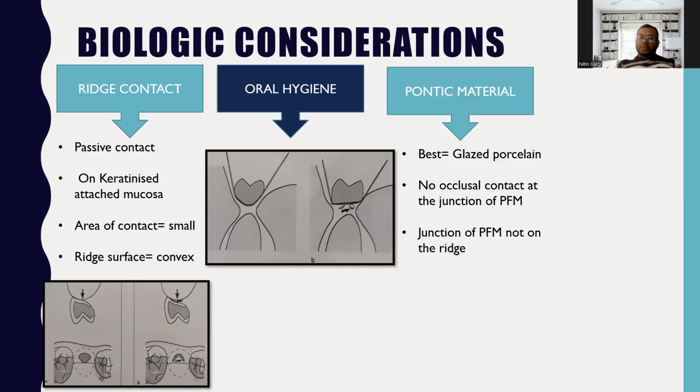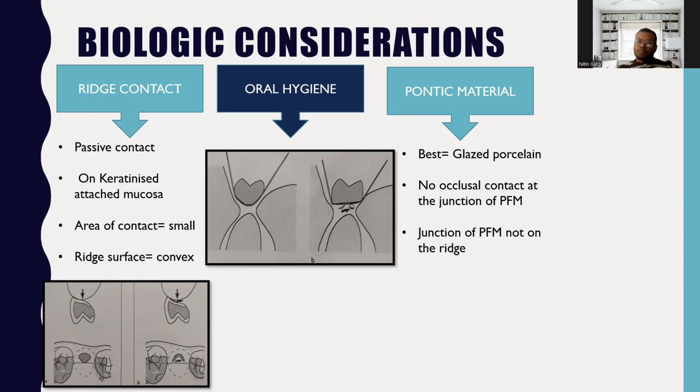Coming on to the Pontic material, if you are using porcelain, it should be a glazed porcelain. That is the best. Polished surfaces hold the most importance in dentistry. If your prosthesis or whatever restoration you're giving is unpolished, there will be more plaque or calculus attachment, and the problems will increase for the patient. There will be more plaque, more bacterial attachment, more decay, and more dental issues.